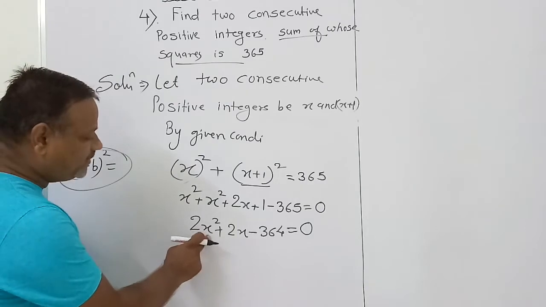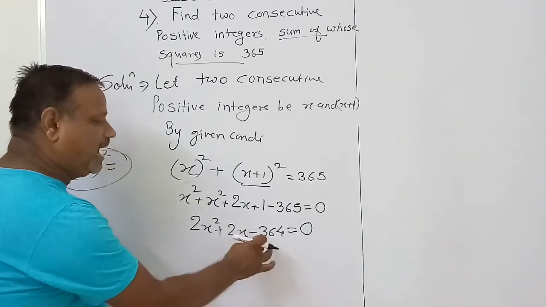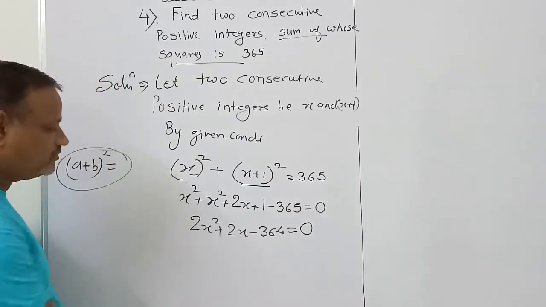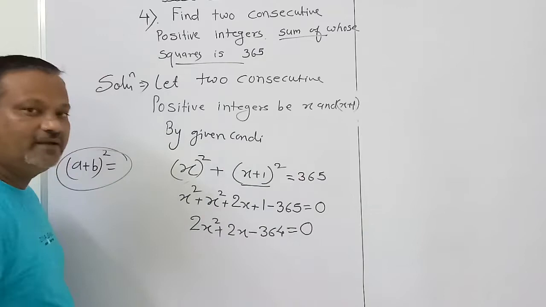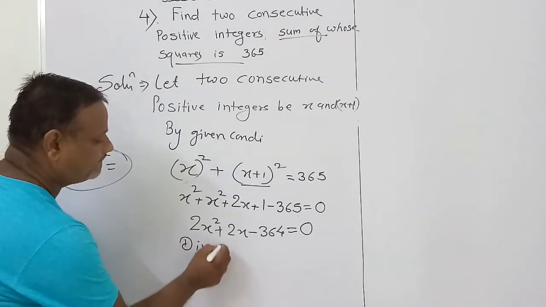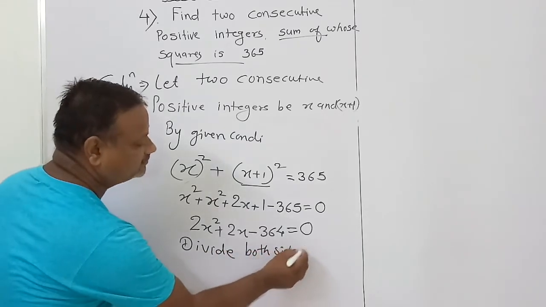Now 2x square is divisible by 2, 2x is also divisible by 2, and 364 is also divisible by 2. So we divide both sides by 2.